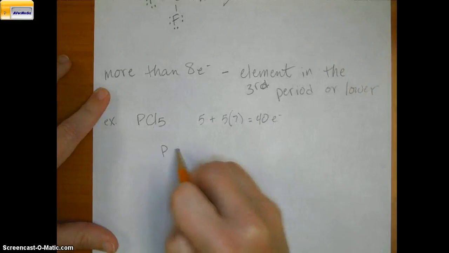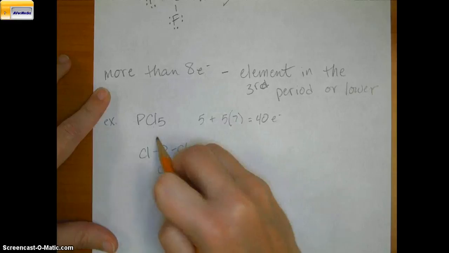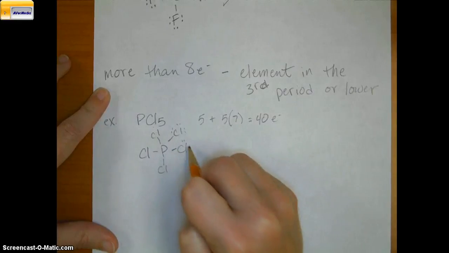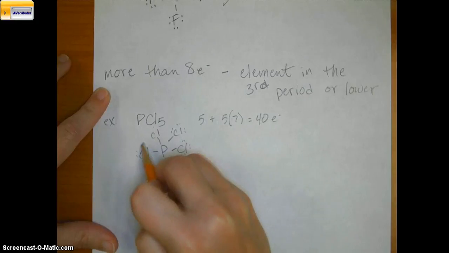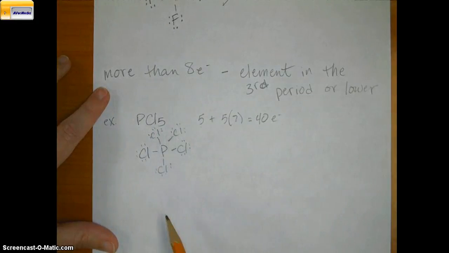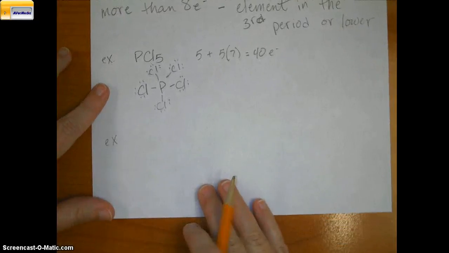Phosphorus in the middle, 5 chlorines, lone pairs on the chlorines, and that's going to be 40 electrons with 10 around the phosphorus and 8 around each chlorine. So the phosphorus is already breaking the octet rule by having 10 electrons, and that's one way it can happen. The other way that you can have an exception looks like this.